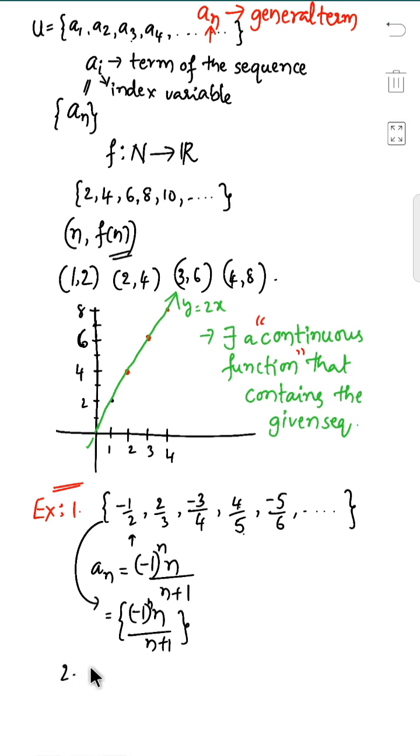If we observe the second example, the second sequence is given as 3 by 4, 9 by 7, 27 by 10, 81 by 13, 243 by 16, and so on.